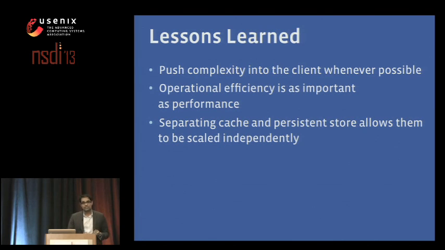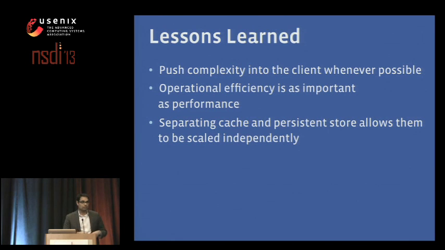Second, operational efficiency is as important as performance. So we go to great lengths to improve the operational efficiency of the stack. One of the examples that we've seen here is the multiple levels of routing that we do for the invalidation pipeline and how it simplifies our configuration management.